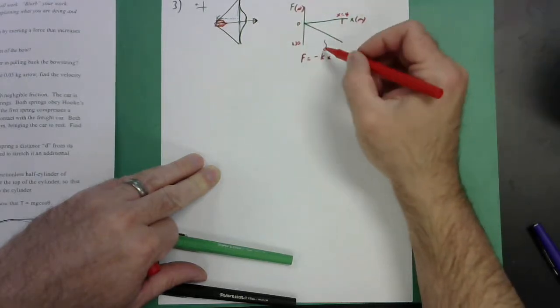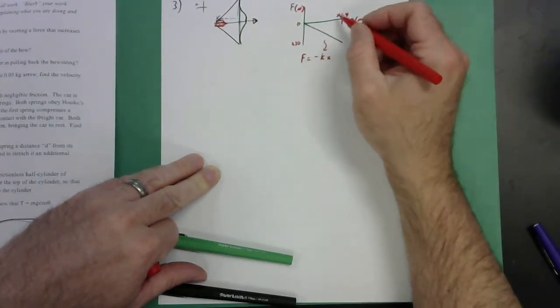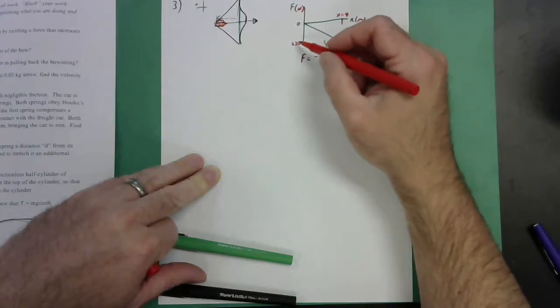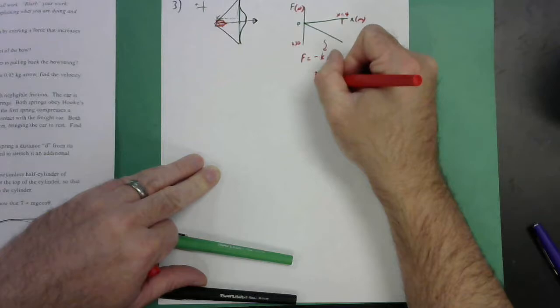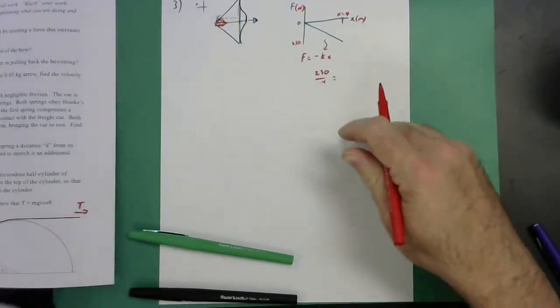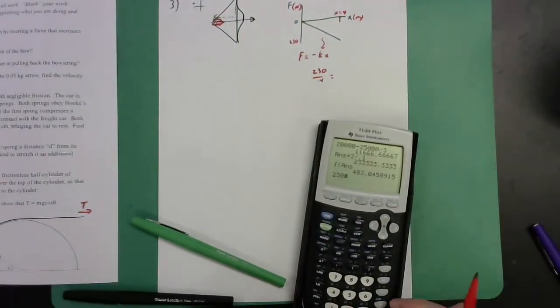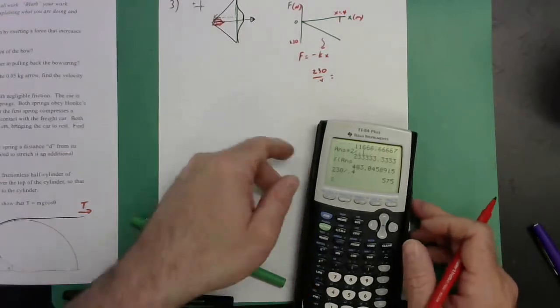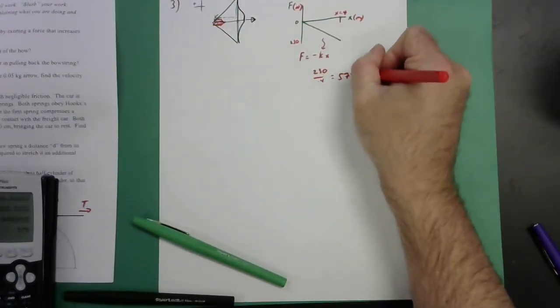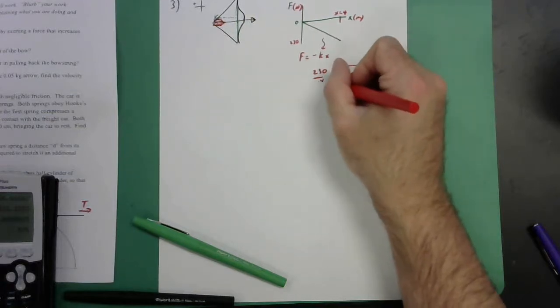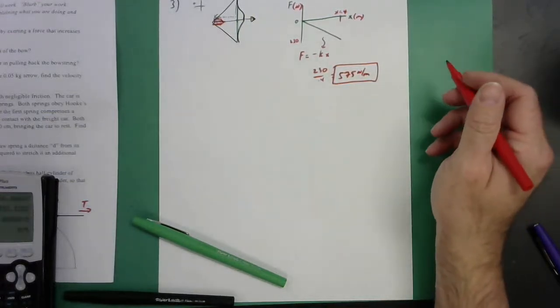So the slope is just rise over run, 230 newtons over 0.4. That's 575 newtons per meter. That is my effective spring constant for that bow.